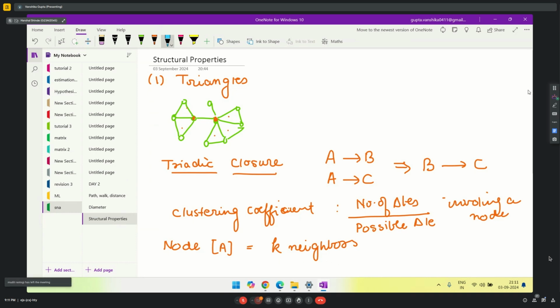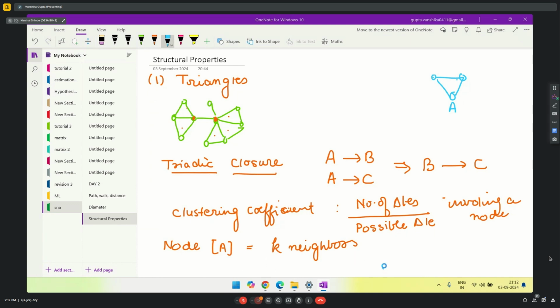To form a triangle, we need three nodes, right? Then only we can form a triangle. First node is fixed, that is A. So you need two more nodes. So out of these k neighbors, you have to select two nodes.